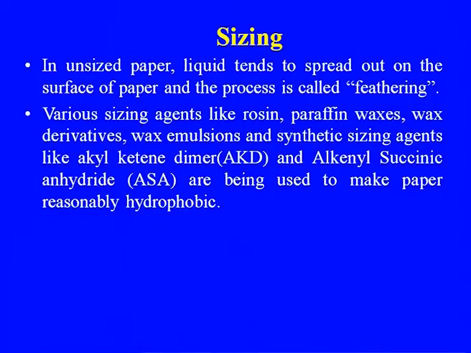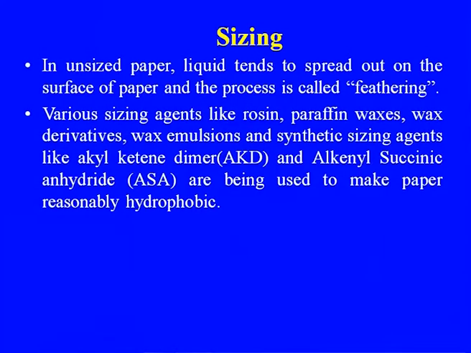In unsized paper, liquid tends to spread out on the surface of the paper, and the process is called feathering, which I told you about when using ink. That was a major problem, because if the sizing was not proper, feathering of the ink was a common problem. So, various sizing agents like rosin, paraffin wax, wax derivatives, wax emulsions, and synthetic sizing chemicals like alkyl ketene dimer, that is AKD, and alkenyl succinic anhydride, ASA, are being used.